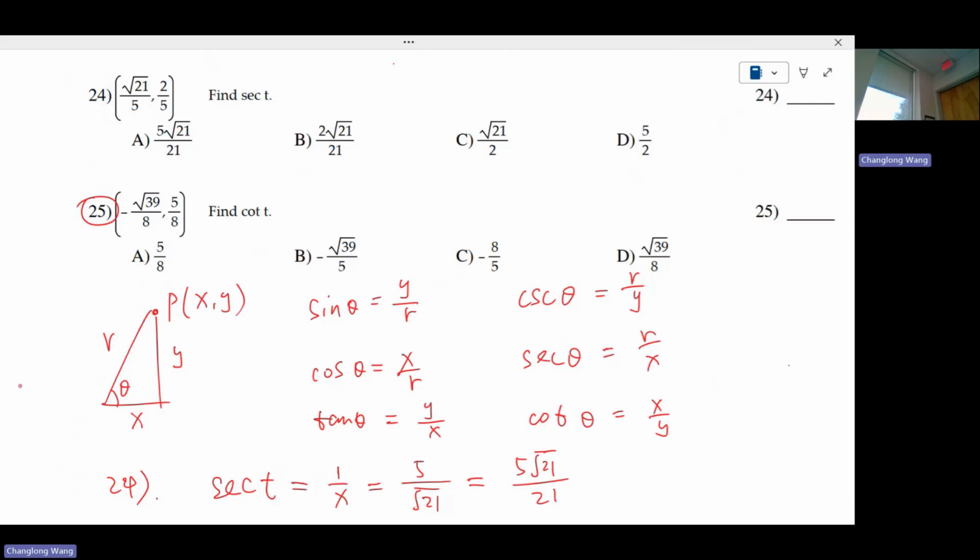But if you think for a few more seconds as you go through the options, you see that there are some negative options. Ask yourself, how is it possible that cotangent is even negative? Find yourself a good reason to go with positive or negative.